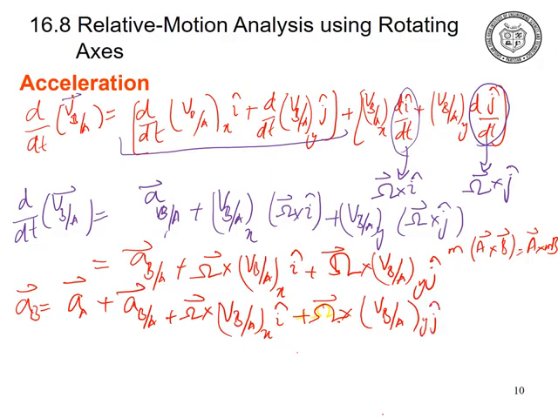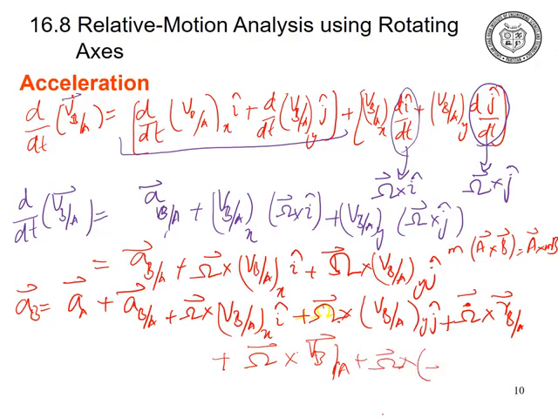This was the value of the time derivative of vb with respect to A, plus omega dot cross rB with respect to A, plus omega cross vb with respect to A plus omega cross rB with respect to A.